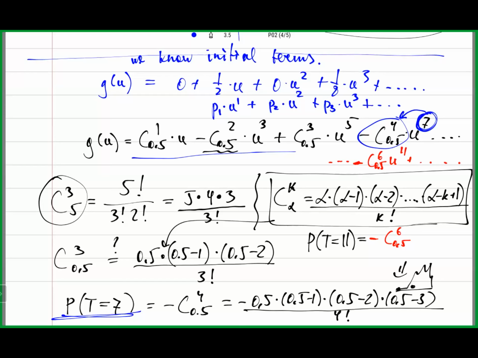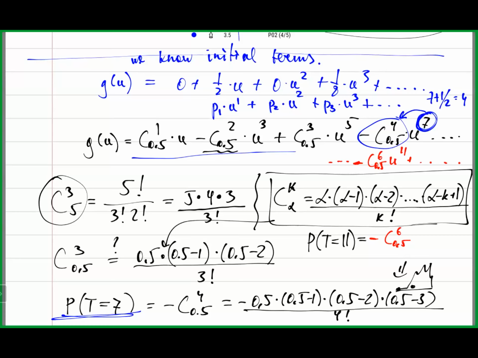So to calculate the superscript of binomial coefficient, I need basically to divide the power of u by 2. To be precise, I need to add 1 and divide by 2. So 7 plus 1 divided by 2 gives me 4. 5 plus 1 divided by 2 gives me 3.